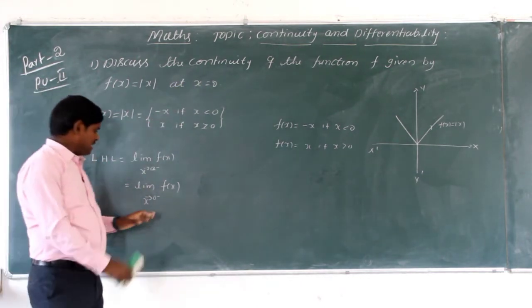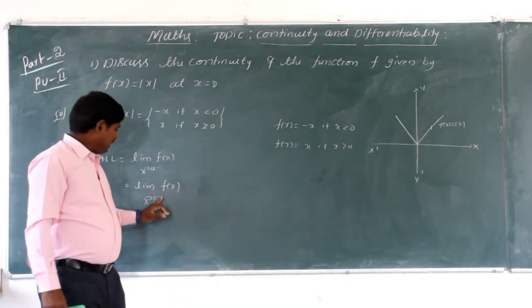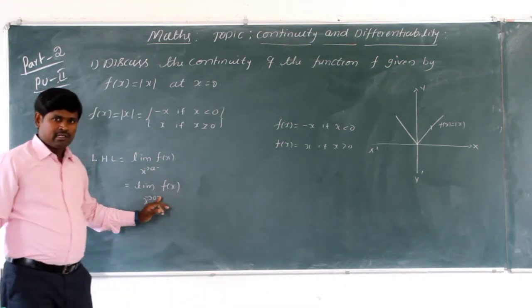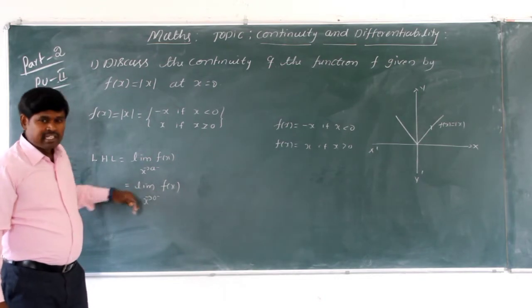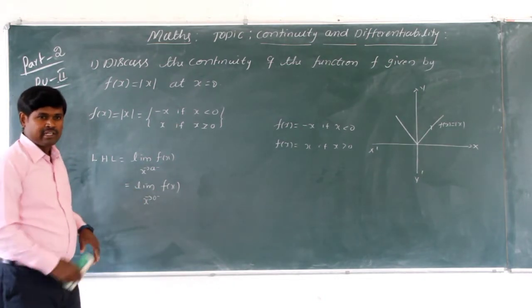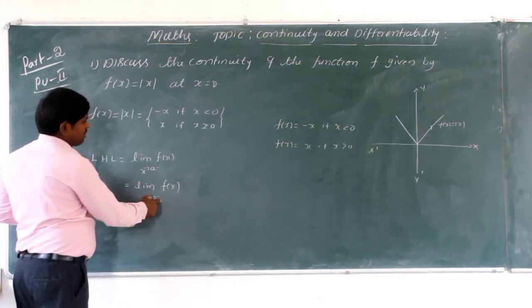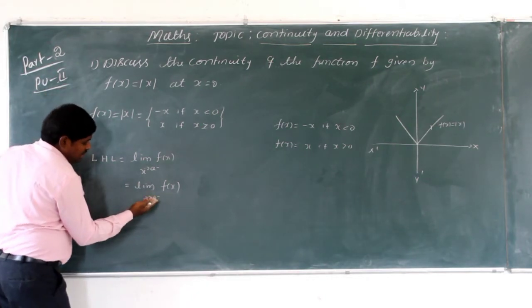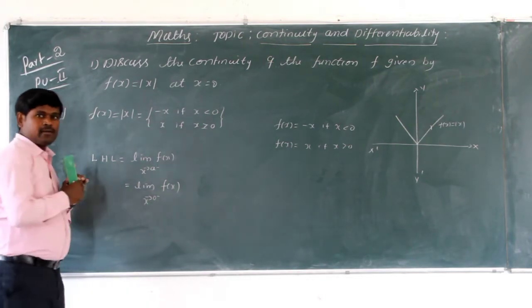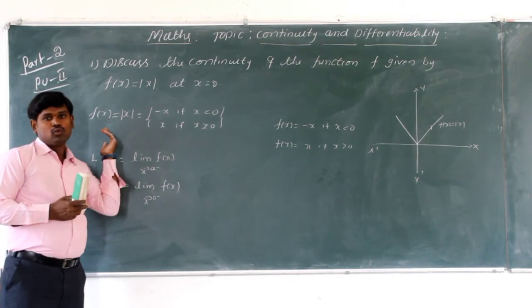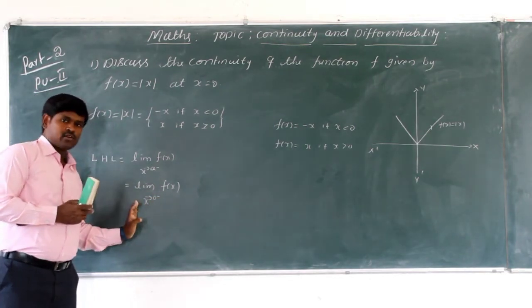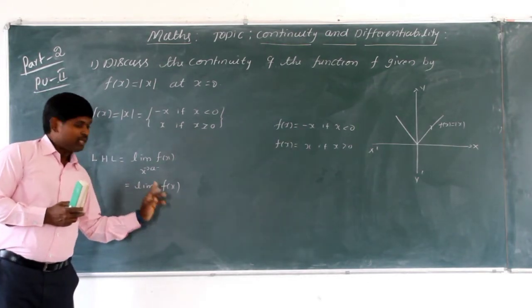Here 0 minus is not a negative number, it indicates approaching from the left side, which means the value of x is less than 0. So then what is f of x?